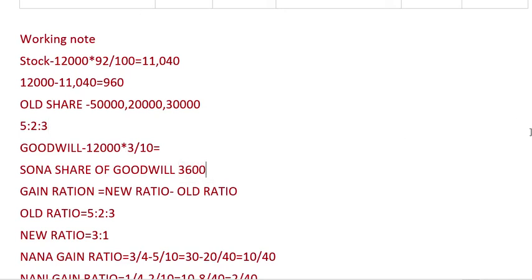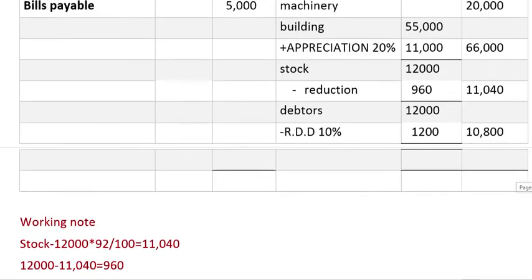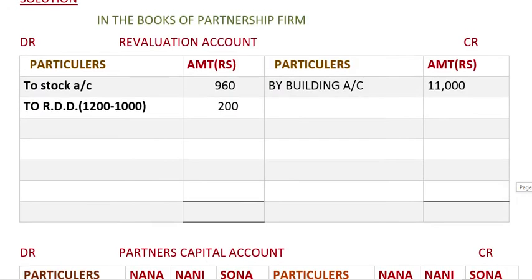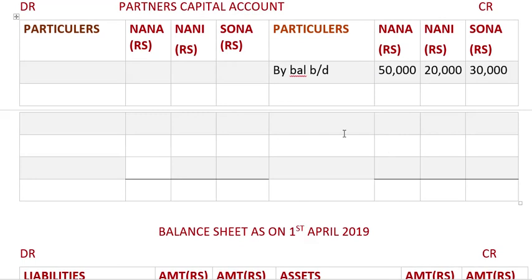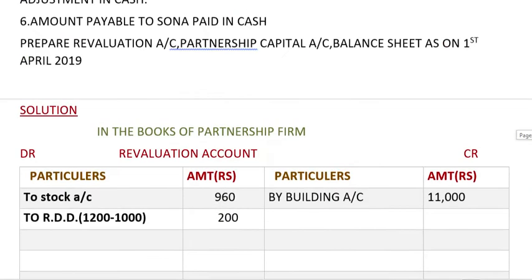So we'll go in the capital account and write over here, by goodwill, in Sona's account, 3,600. And in the second line, half of the adjustment is done.